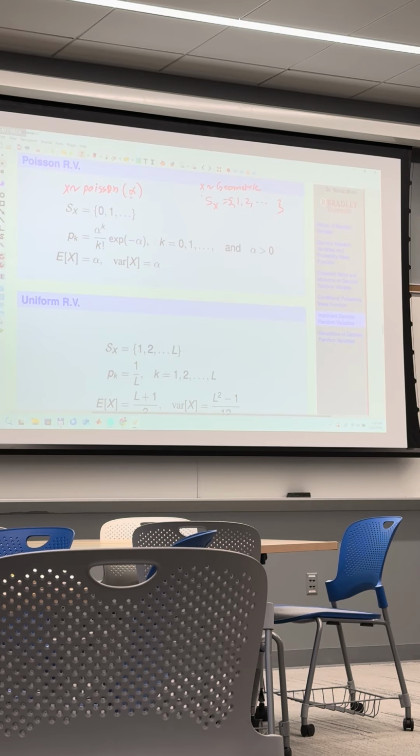But for Poisson random variables, the range starts from 0, 1, dot dot dot. For Poisson random variable, we have PMF. PMF of Poisson random variable is given as such. Expectation of Poisson random variable is alpha, and the variance of Poisson random variable is also alpha.